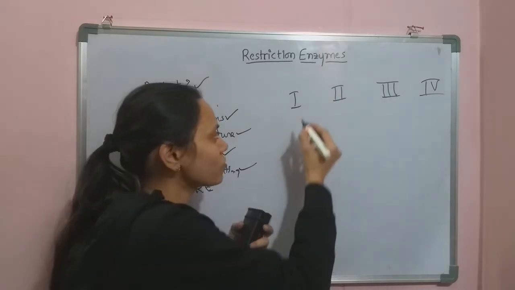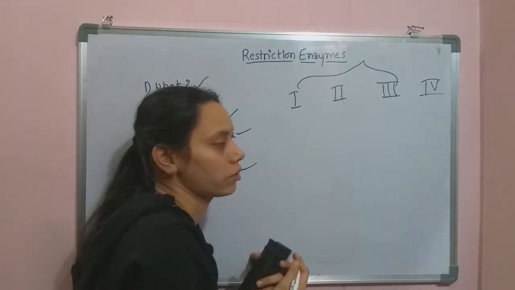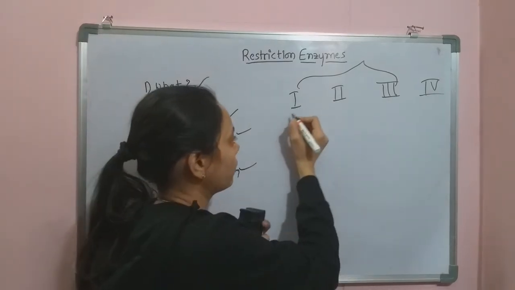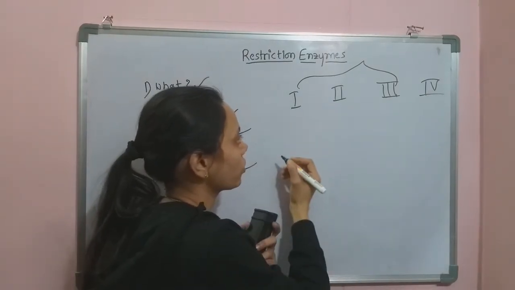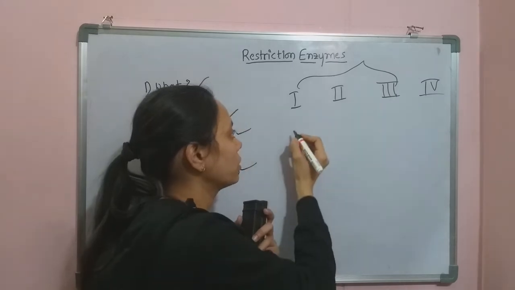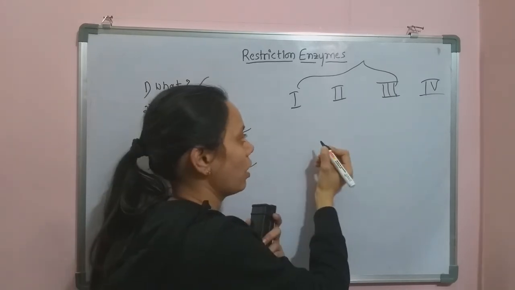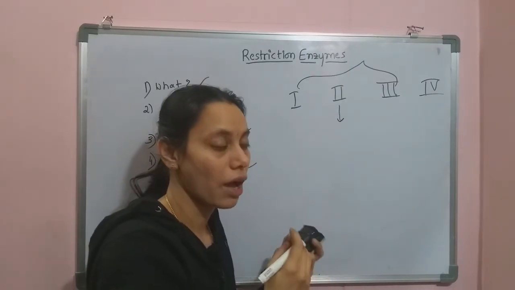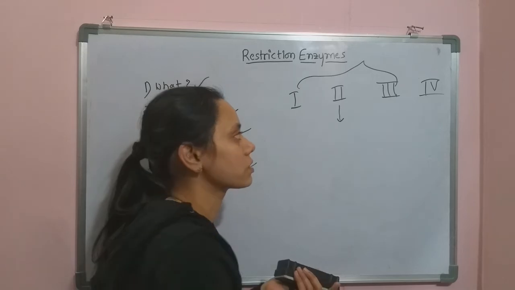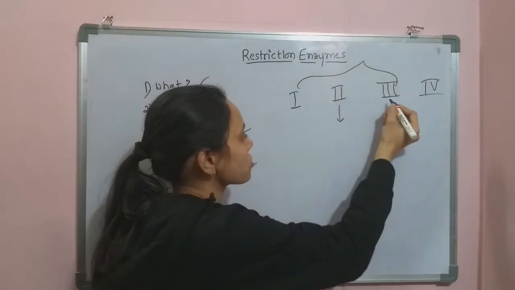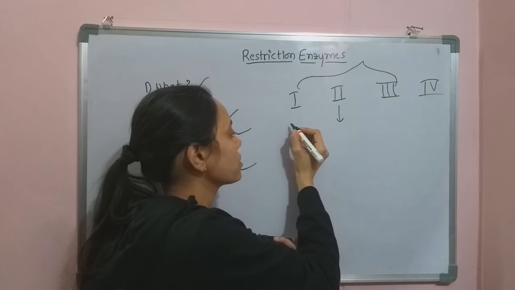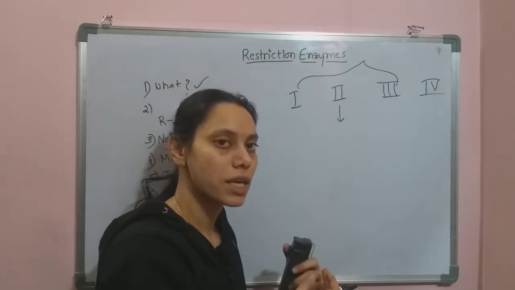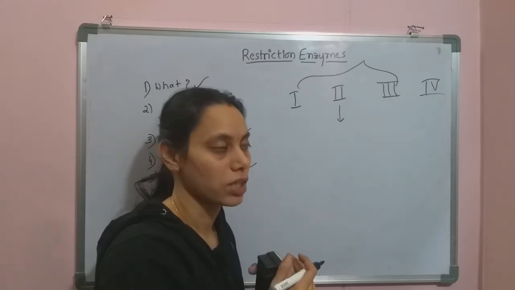Types 1 and 3 are much similar, so sometimes we can consider them as the same unit itself. Type 2 restriction enzymes are the ones having most biological significance. Generally type 1 and 3 are part of restriction modification systems. That means they possess methylase activity and restriction activity also.